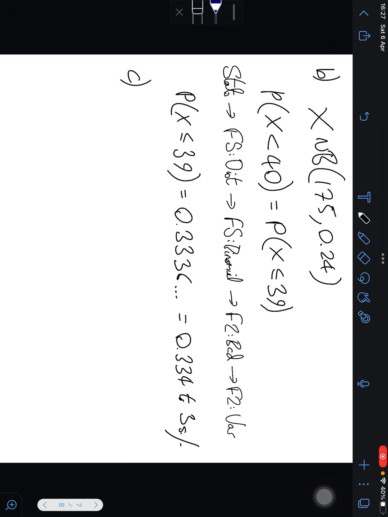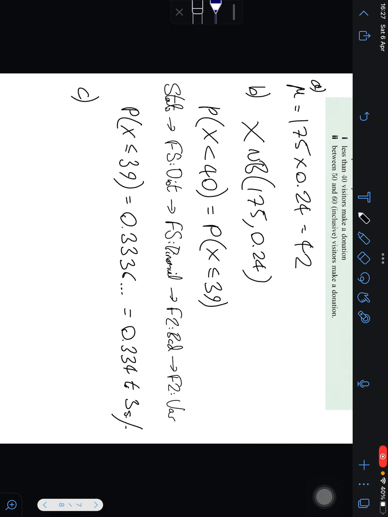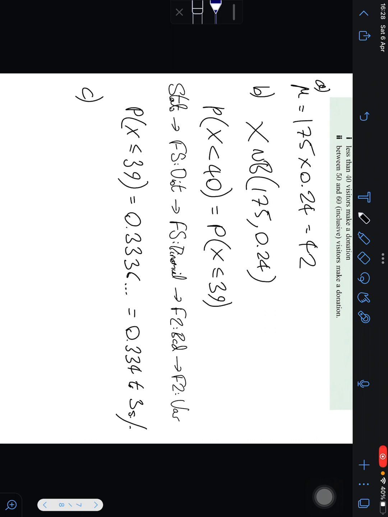Part C. This is probably the most important question that I'll go over in this video. Between 50 and 60 visitors inclusive, so that means it includes 50 and it includes 60. So we look for P of x between 50 and 60.